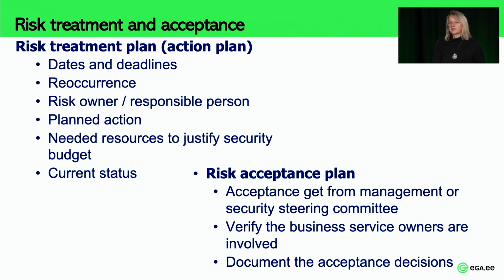Is it a regular activity? Who is the responsible person? What is exactly the action? And what kind of resources are needed? It's also recommended to describe the current status, so that later you can compare the past with the new situation after you have implemented the risk action plan.